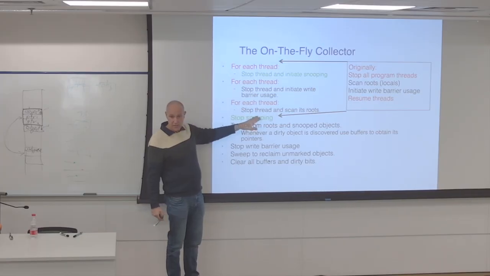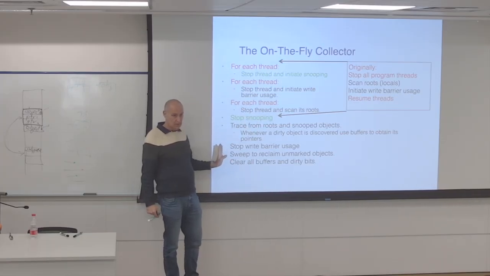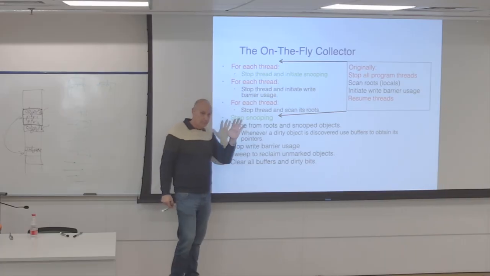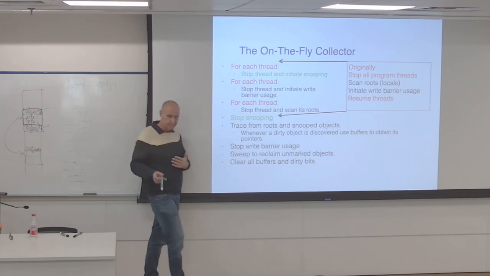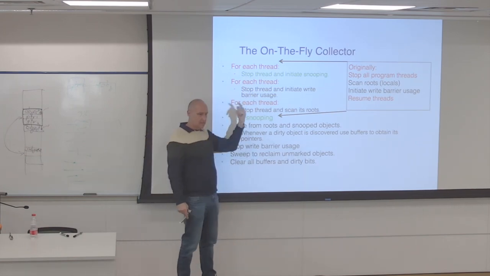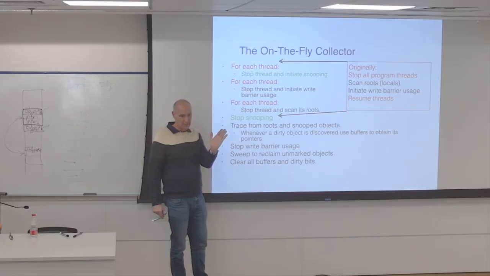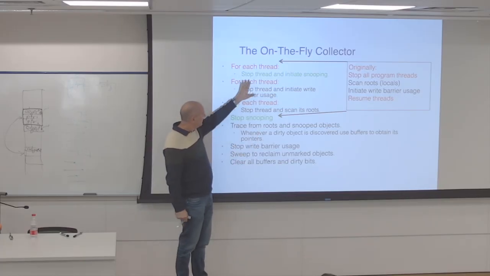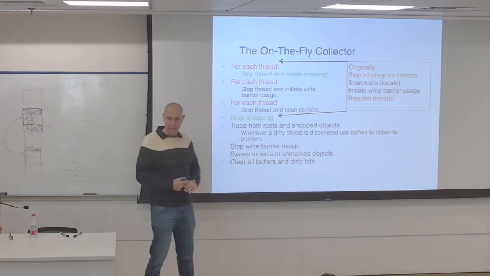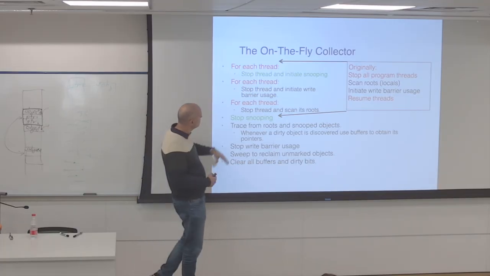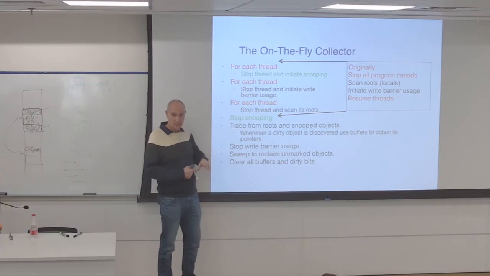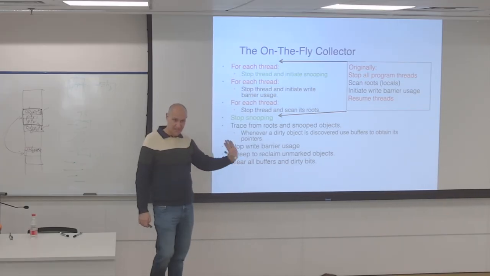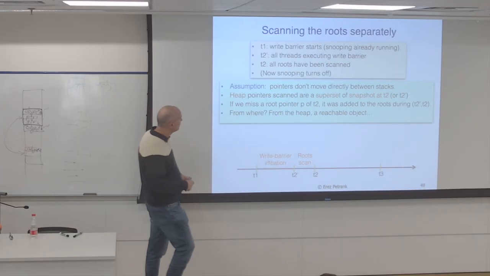And after the third handshake, it's enough to mark the old one, which is what we do basically, but it goes through the same methodology. I snoop the objects that are modified, so all new targets are recorded, and I do my algorithm to all the other objects. So I have three handshakes like that, and I want to claim that it's okay with the roots. So let's claim that it's okay that I don't do the roots together.